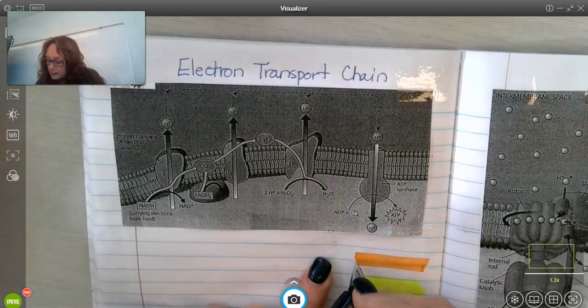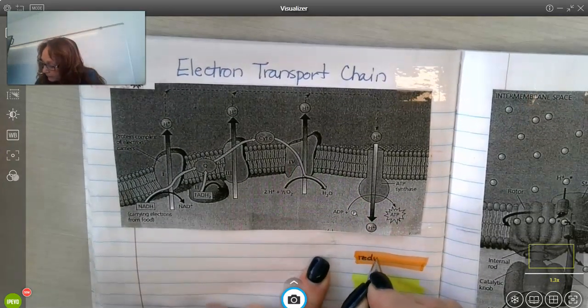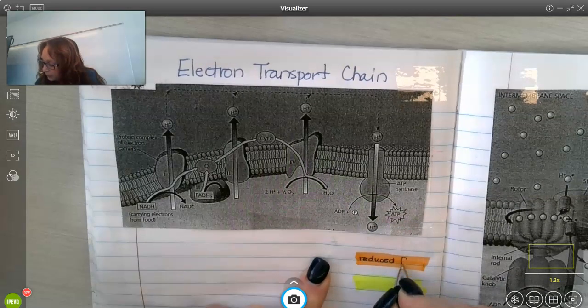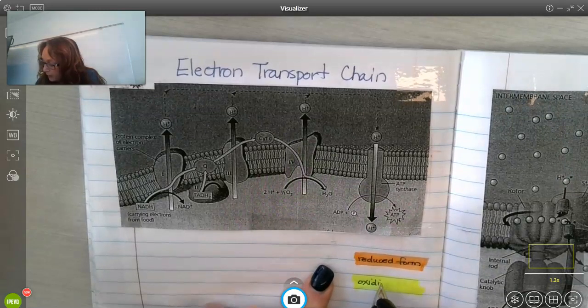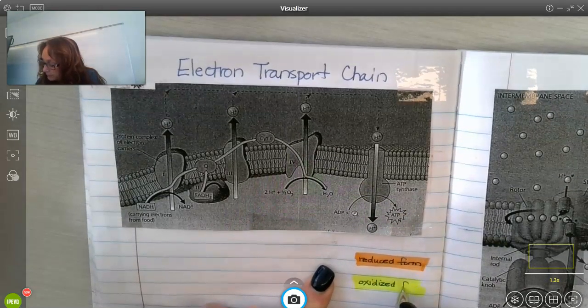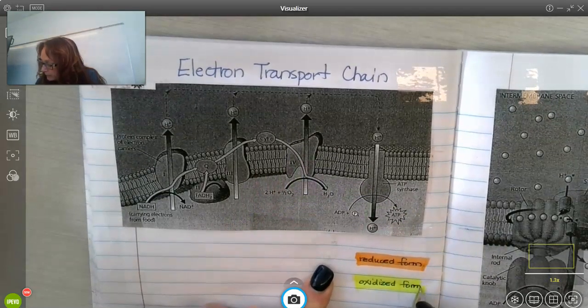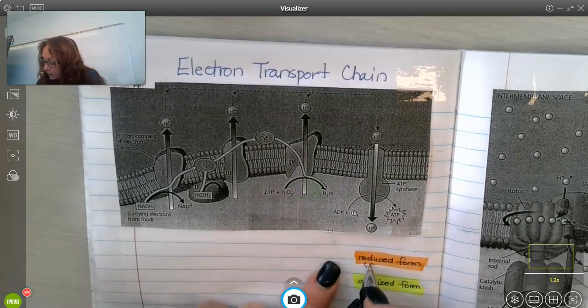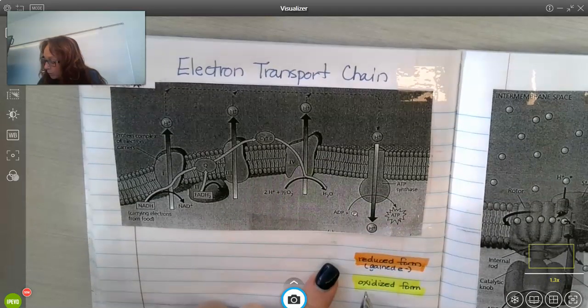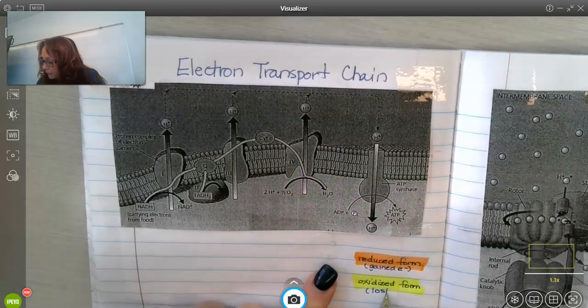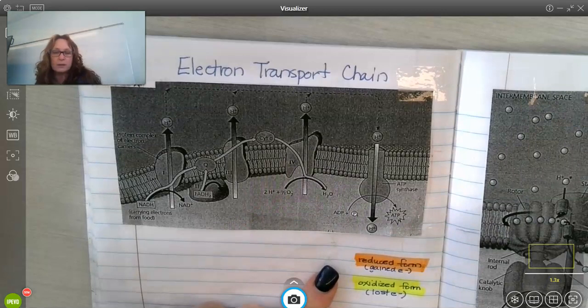So this is the color I'm using for the reduced form. This is the color I'm using for the oxidized form. And so to remind myself, they've gained electrons in this form, and in the oxidized form, they lost electrons.